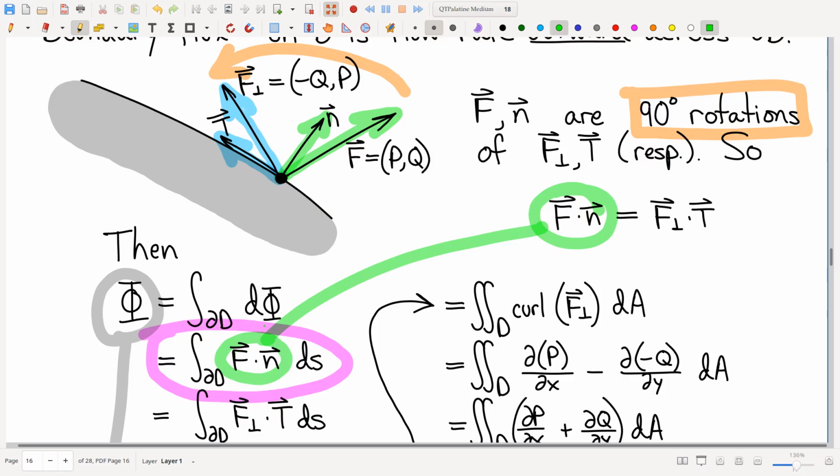That's how you compute a dot product, with the magnitudes and the angle between them. So rotating changes the vector, but it preserves the dot product. Because this is a rotation, which is a rigid motion, the dot product is preserved. And therefore, this is equal to that.